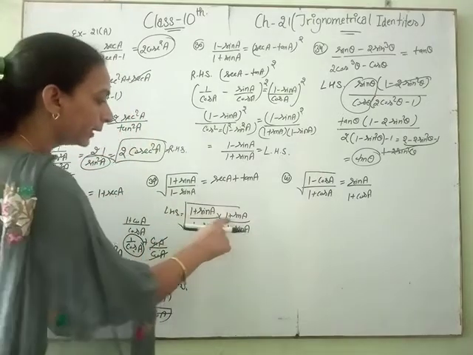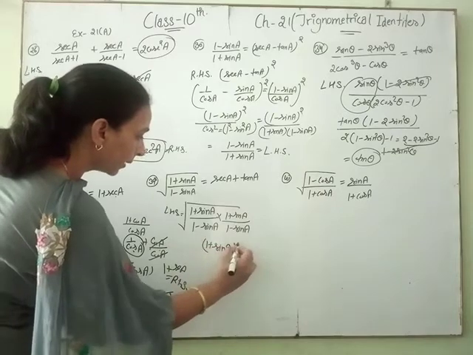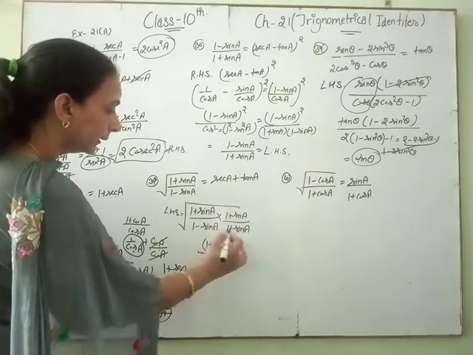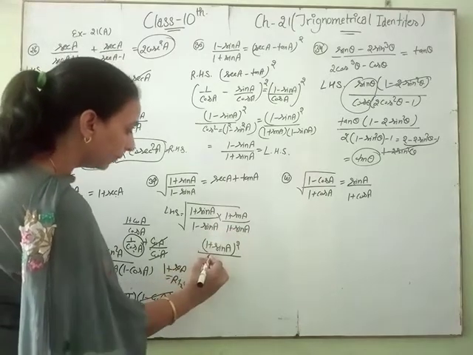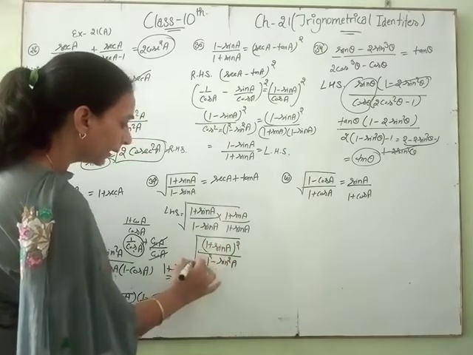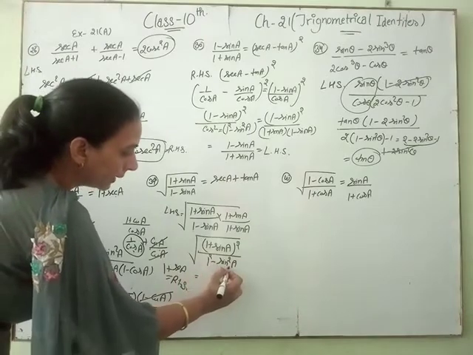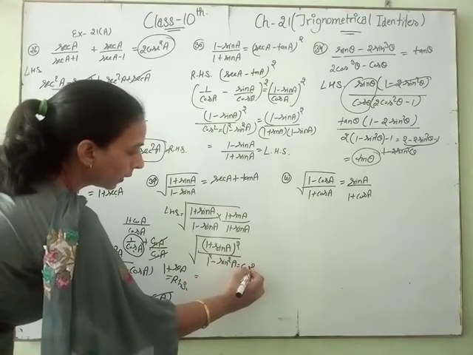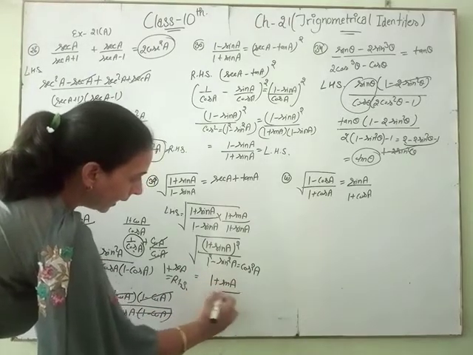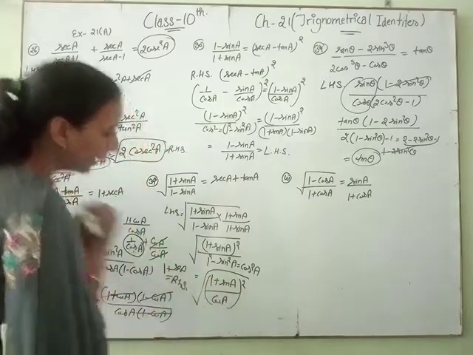Okay, numerator with numerator, then (1 plus sin A) whole square and (1 minus sin)(1 plus sin), this equals 1 minus sin square. 1 square minus sin square A, and complete. We write 1 minus sin square equals cos square A. Okay, and we write complete (1 plus sin A) by cos A and square complete and root.